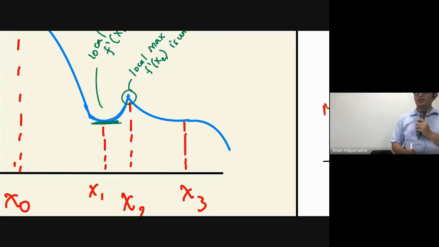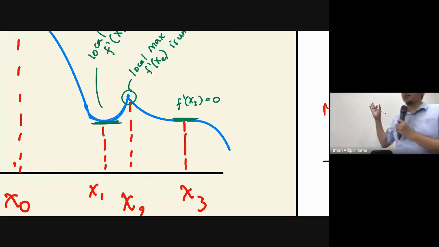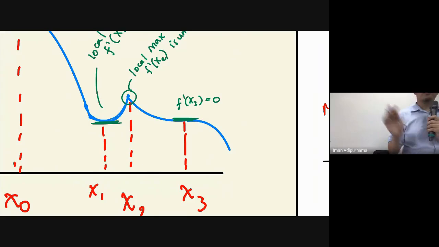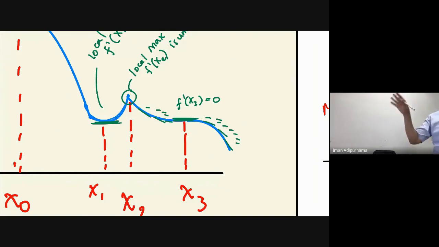And in x3, if you see the graph, this is also a horizontal gradient, right? So the f prime of x3 is 0, but is it maximum or minimum? It's not both. From the left, the gradient is minus, and on the right side the gradient is also minus, because there is no change in gradient.